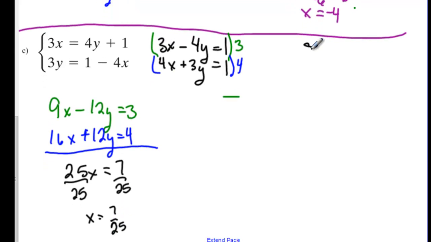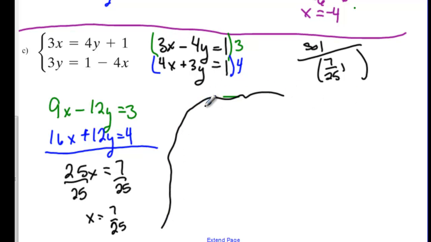So far for our solution, we have 7/25, comma something. All right, so we can take this x equals 7/25, plug it back in and solve. But what I'm going to actually do, since I know everybody loves fractions, is I'm going to go through and start with the 3x minus 4y equals 1.